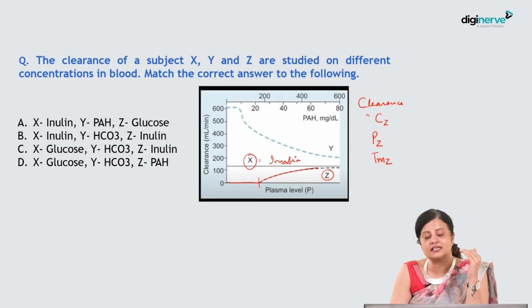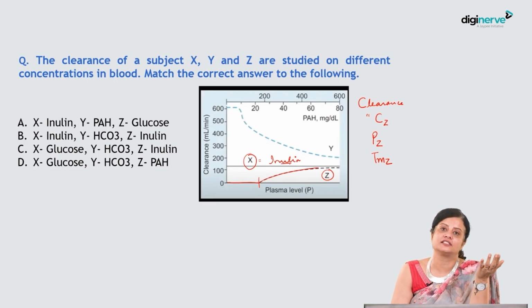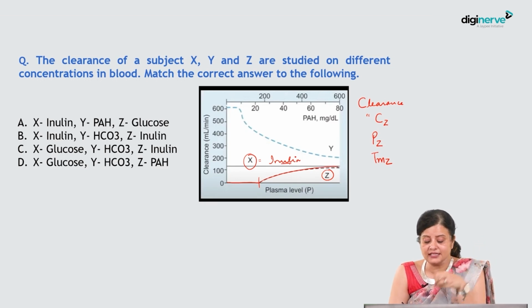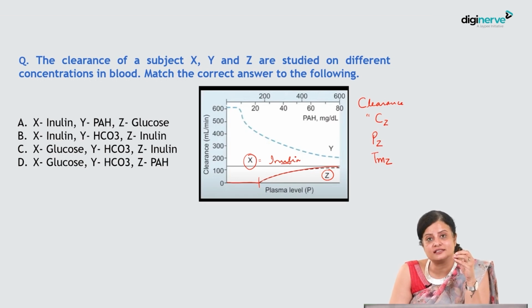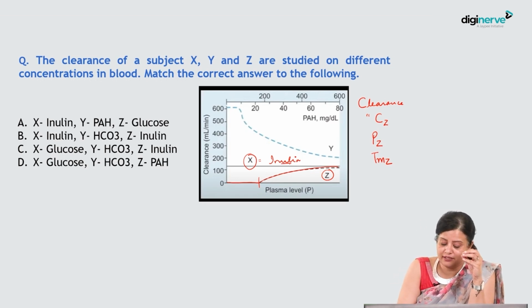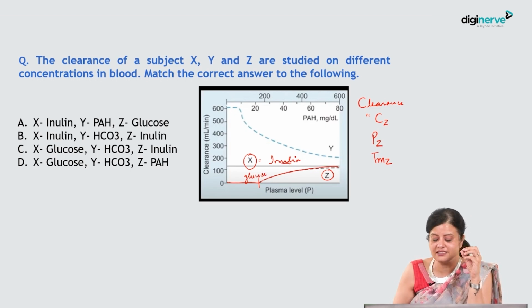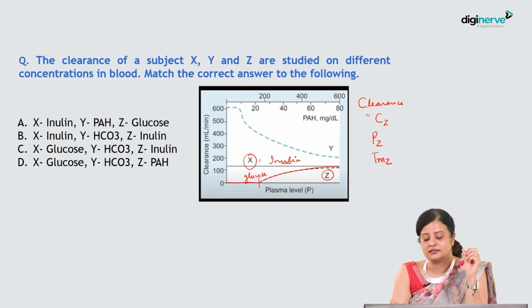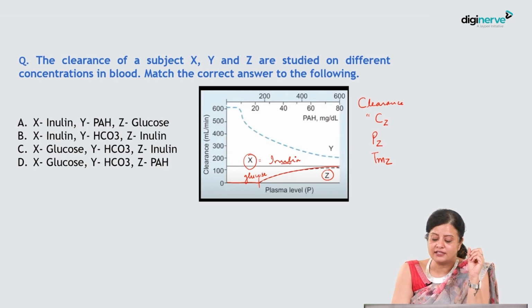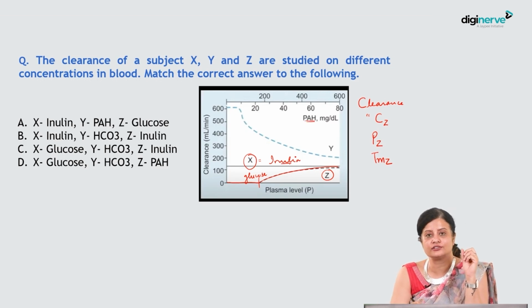So this means it has crossed the transport maximum also, and this kinetics is followed by one substance which you are quite familiar with, and that is glucose. So our substance Z is nothing else but glucose. Now coming to the third substance, it is quite clearly seen here also, but still we will see the kinetics.